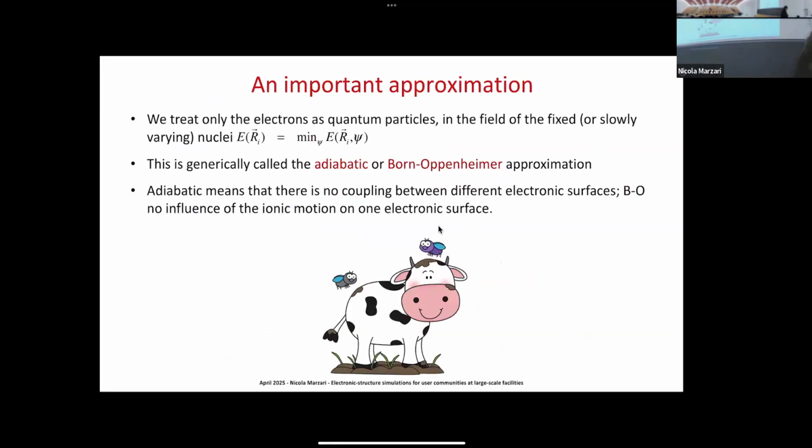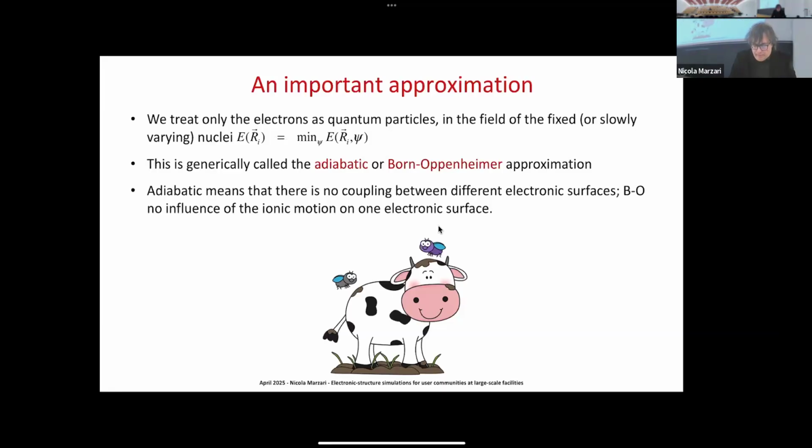I told you already, in all of this we are supposing that the potential is static, is not moving. In reality, all the nuclei in your system are moving, but what happens is that they are moving so slowly that it doesn't really matter.